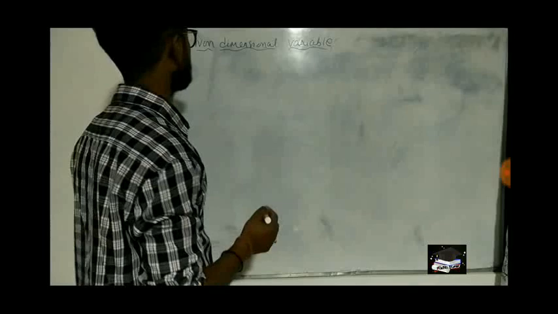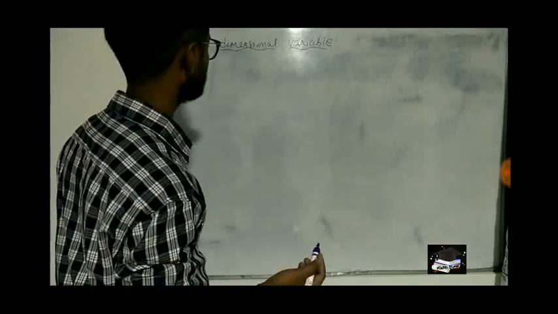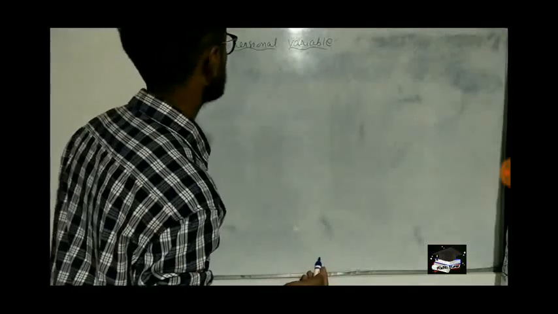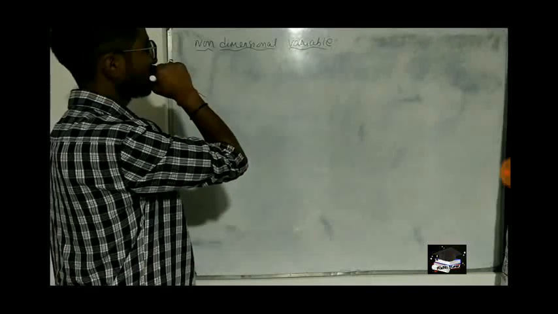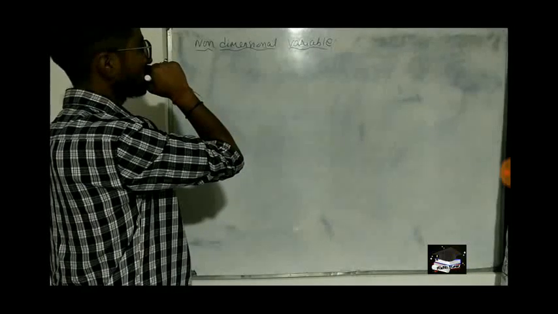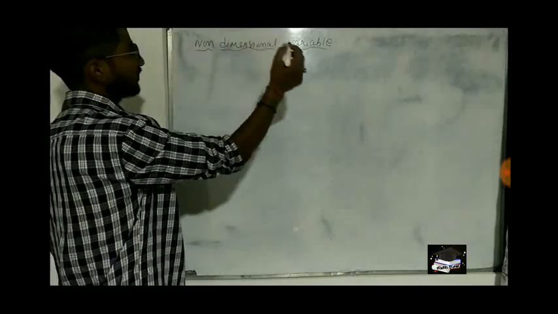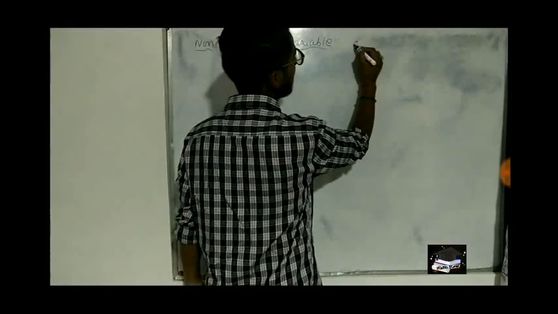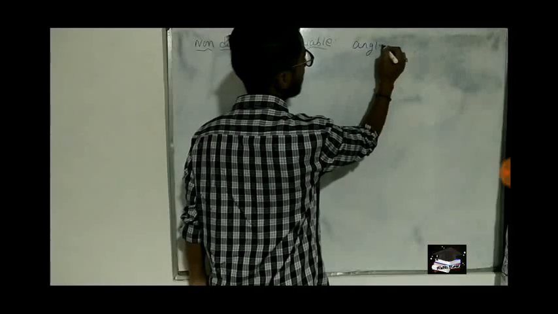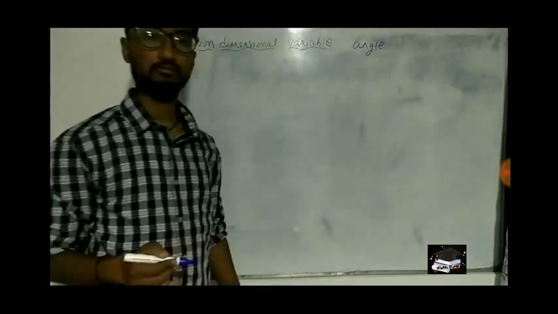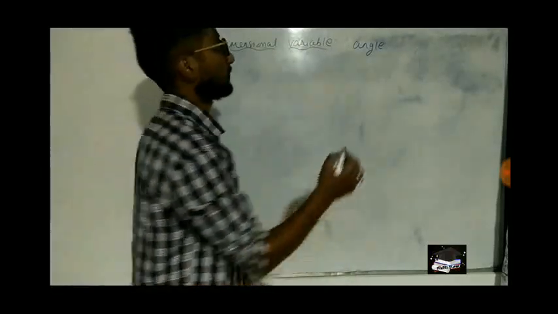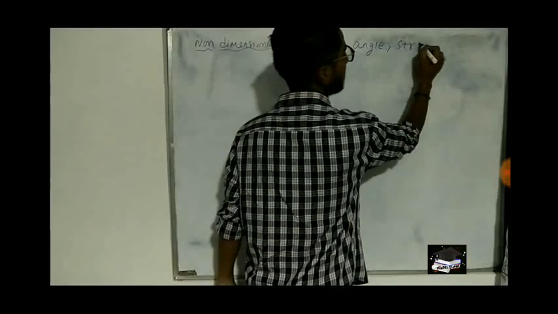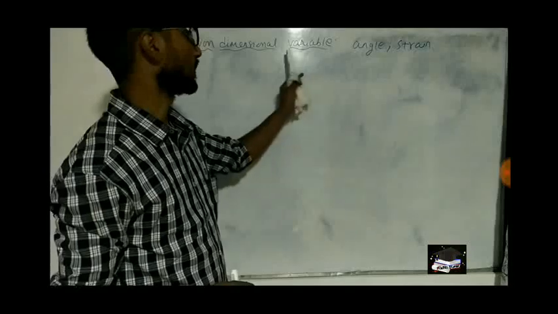We have plenty of examples. Let us give one example of a non-dimensional variable. Angle. Strain. They don't have dimension, but they keep on changing.